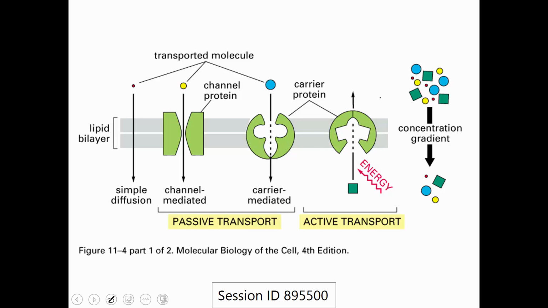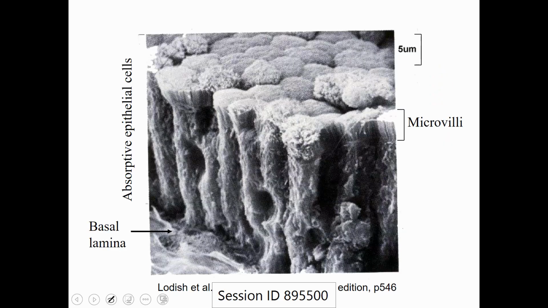The way molecules can get in and out is basically you have transport molecules. We'll talk more about them. And channels and carrier molecules. The key is that all these different transporters, which you hear a lot more about in physiology, are going to be distributed appropriately on cells. Here's your epithelial cell. You saw this yesterday. Here's your microvilli, right? So you have certain transporters up here, and you have certain transporters down here.